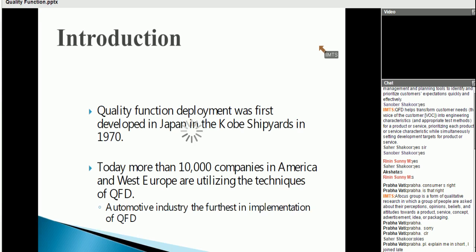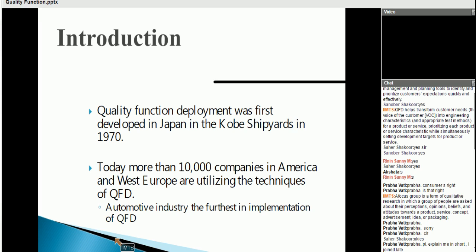See, QFD stands for Quality Function Deployment. It is a method to transform the qualitative user demands into quantitative parameters.